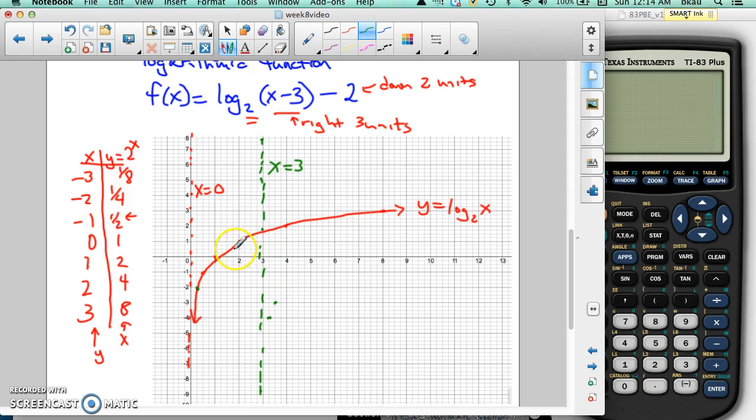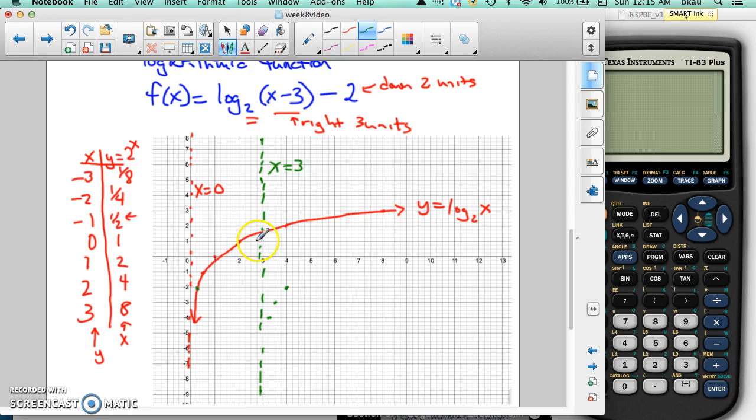And then this point is at 0, so we're going to move it over 3 units and then down 2. 1, 2, so it goes through right there at 4, -2. And then this point here is 2.